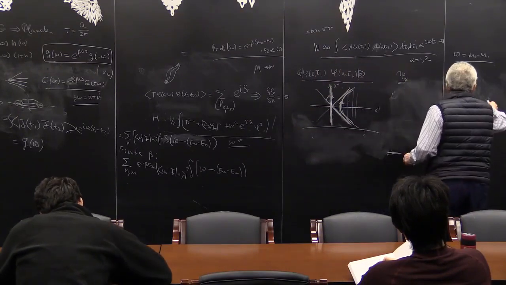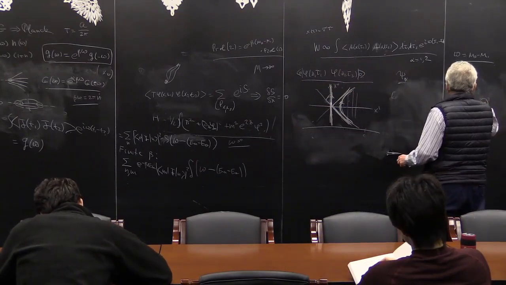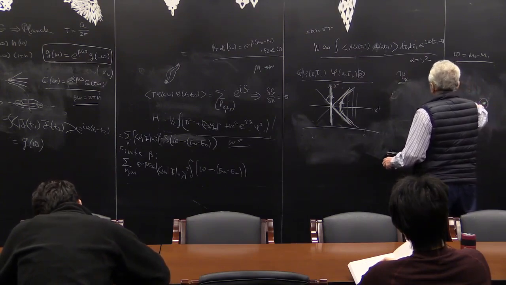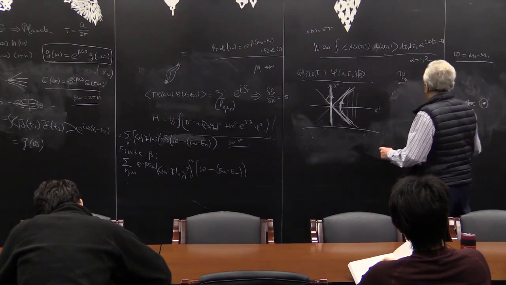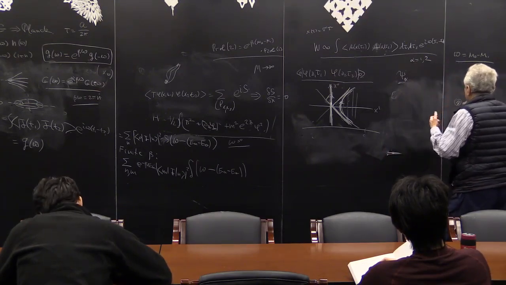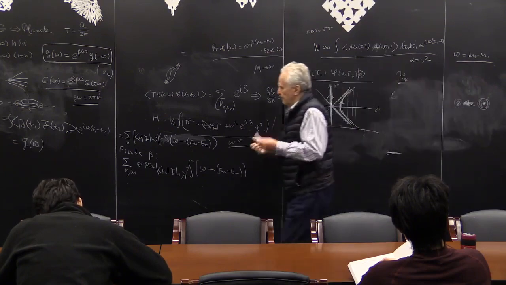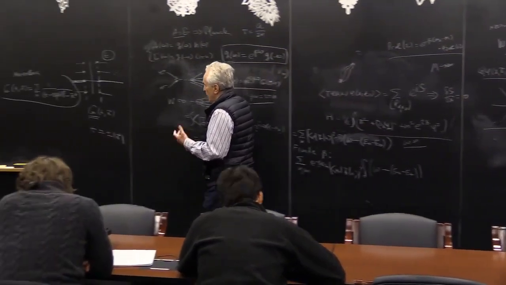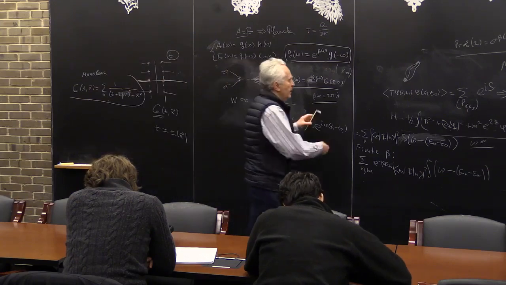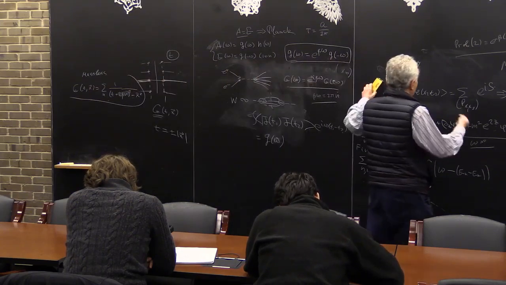So analogously here, this guy will not experience anything. He moves, and he will not meet any radiation, while this guy will actually see what is called the Hawking radiation.